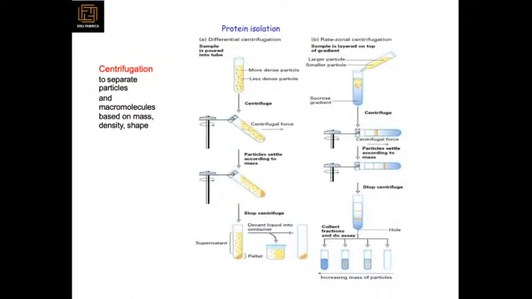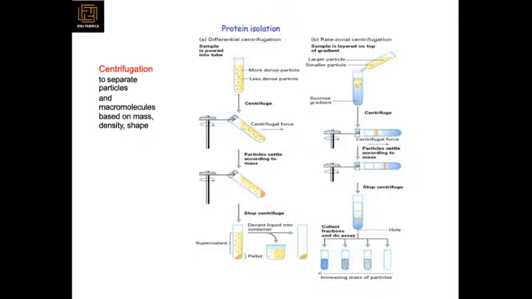Then comes your protein isolation by centrifugation. Macromolecules differ in density and shape, so you can separate each of them as per your requirements. Here you can see differential centrifugation. The sample is poured into a tube, and denser materials are pelleted.